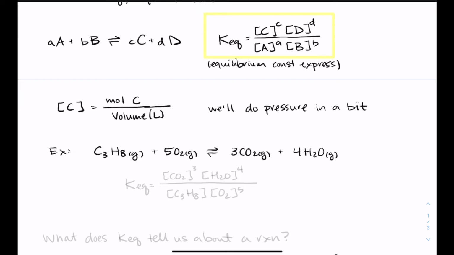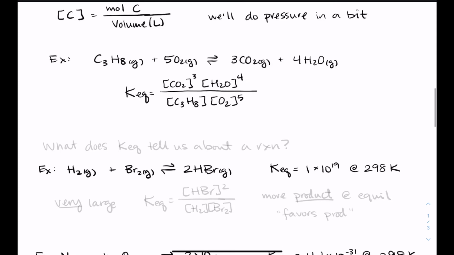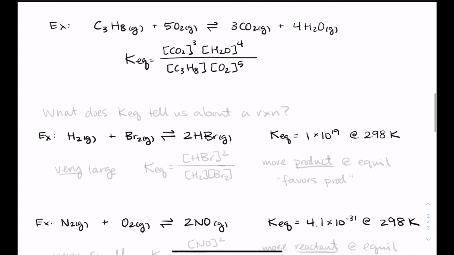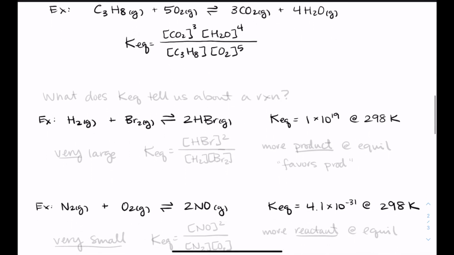And I have a combustion reaction for my example. So if my reaction is C3H8 plus 5O2 in equilibrium with 3CO2 and 4H2O, my equilibrium constant expression, which if I ask you for the equilibrium constant expression, this is what I'm asking for. So it's the concentration of the product raised to the power of the coefficient.